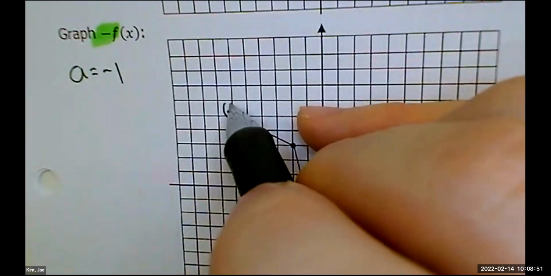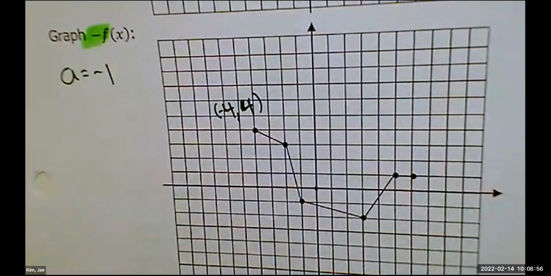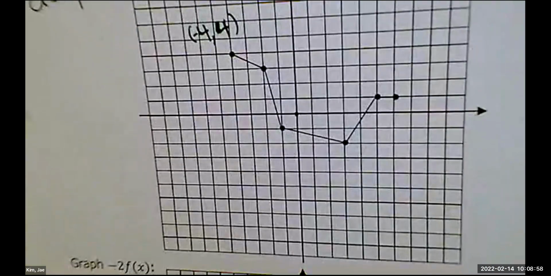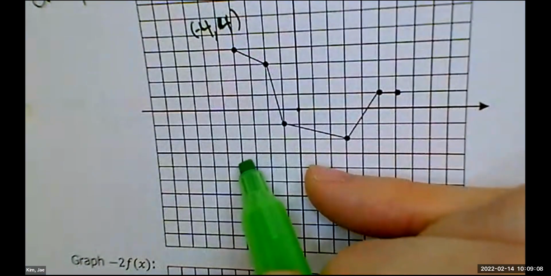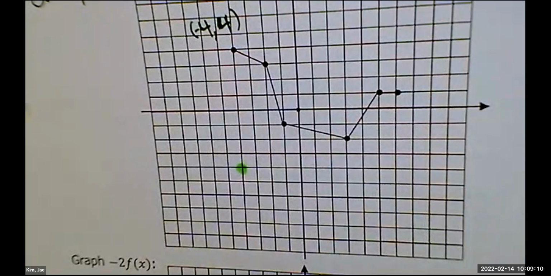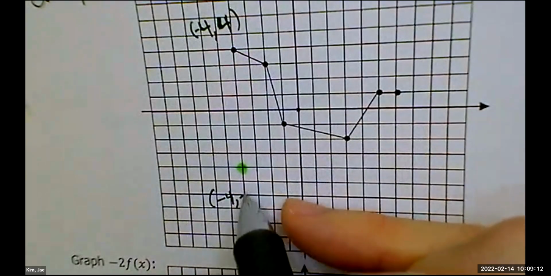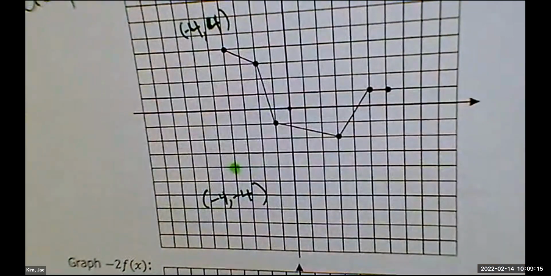So this is, again, -4, 4. If you take the Y value and you multiply it by a -1, it becomes 4 times -1? -4. Thank you. This now is -4, -4.